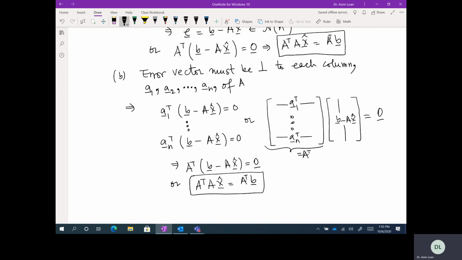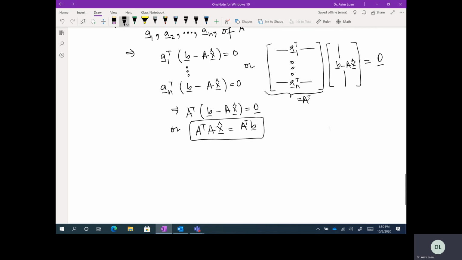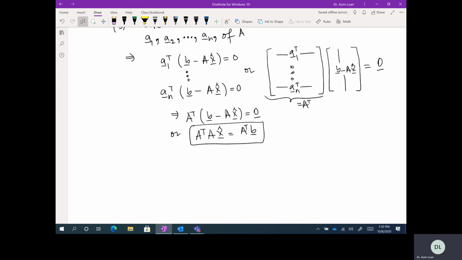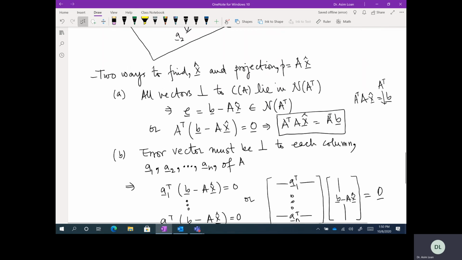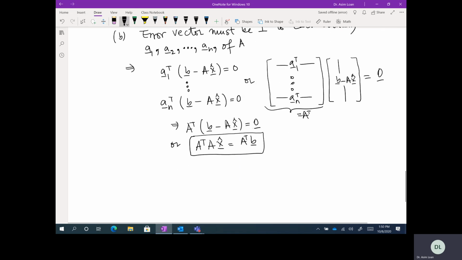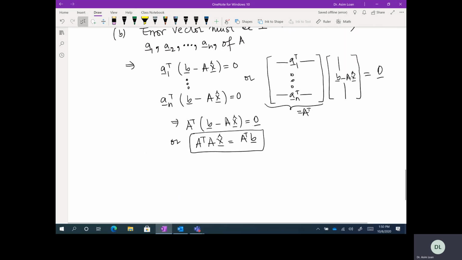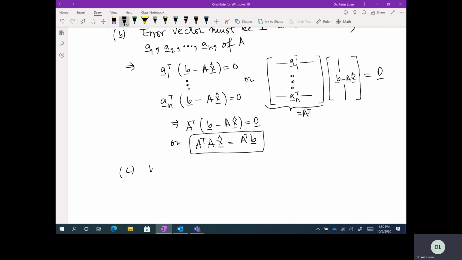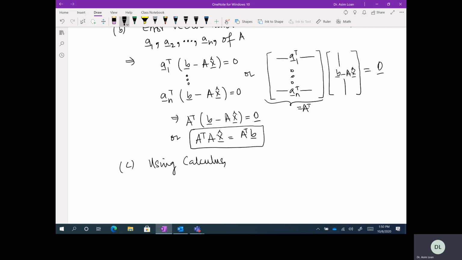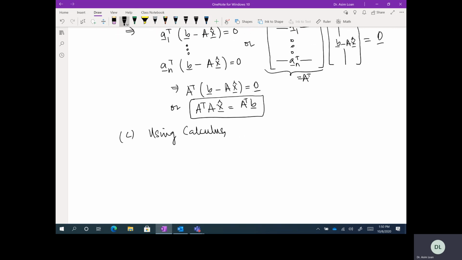And then there is another way of finding it using calculus, or maybe there are three ways. There are three ways to find X hat, and the third one is using calculus.